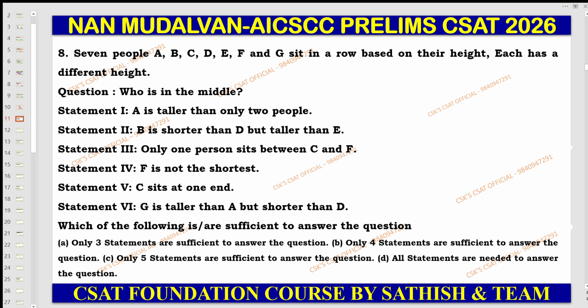Next, very good question. 7 people. First of all, when it comes to a sitting arrangement, first you have to check the numbers. That is also very important. Why is this question important? Check the options: only 3 statements are sufficient, only 4 statements are sufficient, only 5 statements are sufficient, all the statements are needed to answer this question.